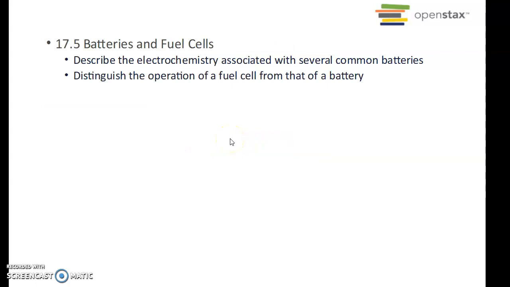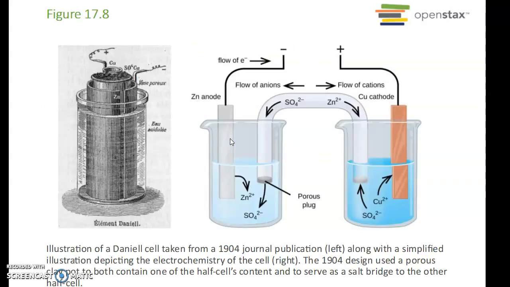Let's talk about some batteries and fuel cells. Okay, this is one of the earliest models of the cell that occurred. We had zinc right here, with zinc ions being formed at the zinc anode, and then the copper plus 2 ion becoming copper metal, where you have zinc sulfate in solution here, and then the sulfate ion is the one that is flowing back and forth, and you have the flow of electrons in this direction.